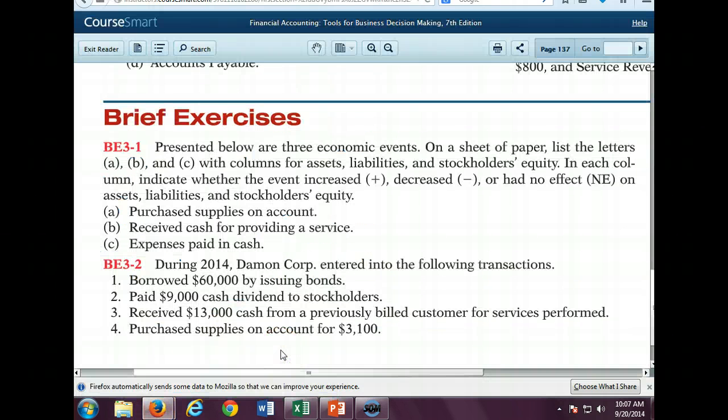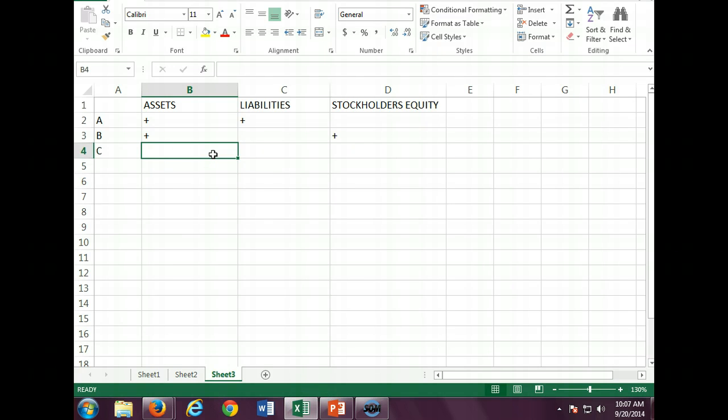Expenses paid in cash. If we use cash to pay an expense, what happens to our cash? The cash goes down. But is it a liability? What's an expense?